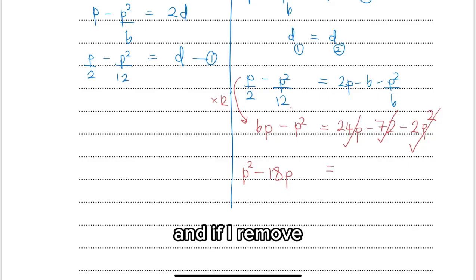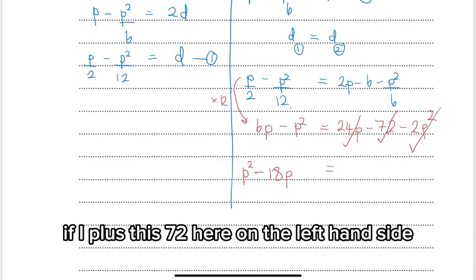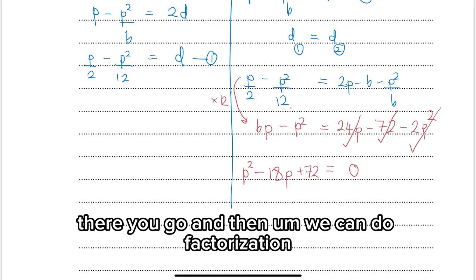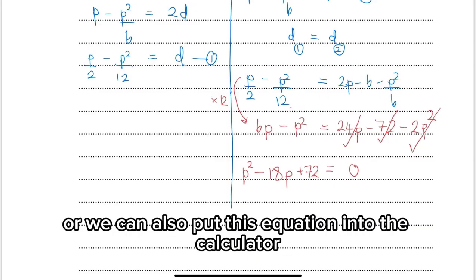And if I add this 72 here on the left hand side, there you go. And then we can do factorization, or we can also put this equation into the calculator.